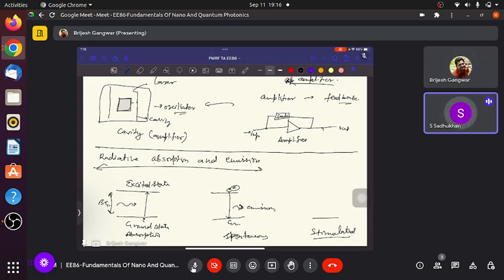One is like, stimulated means we are putting some external influence to get a desired frequency output or something like that. That is, we are stimulating from outside.